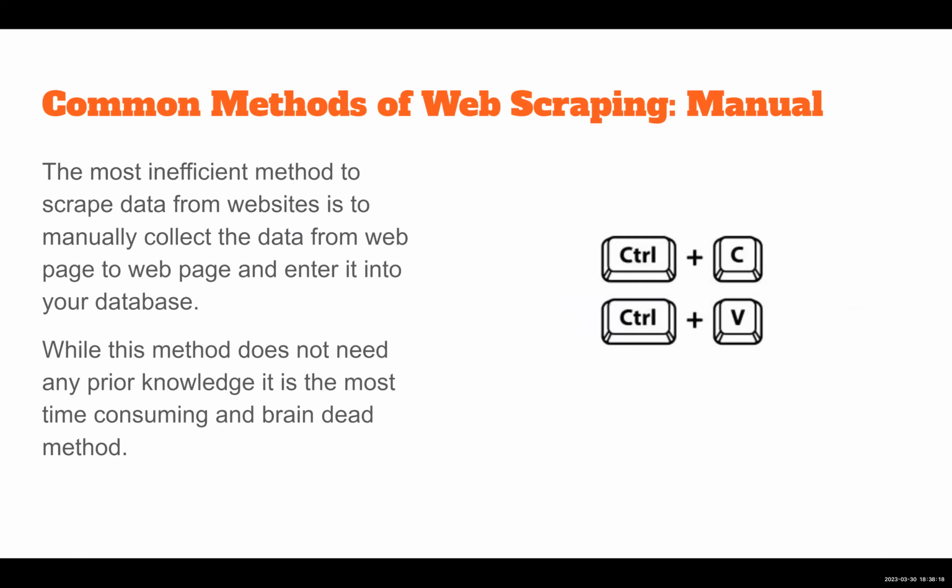So now, just covering generally common methods of web scraping, the most brain dead and inefficient method of web scraping is manually grabbing your data. If you are unfamiliar with web scraping software, don't have access to actual data, you can just Control-C, Control-V and build up your information in a CSV.